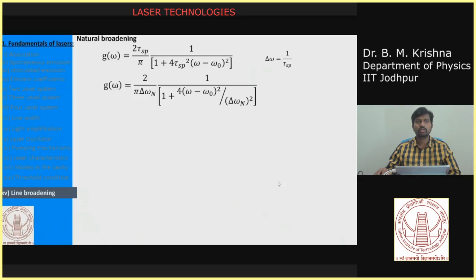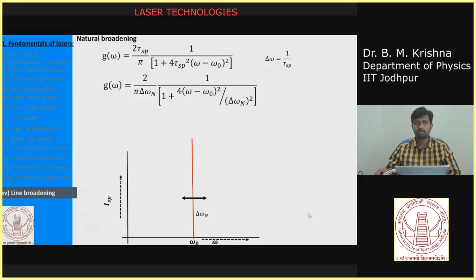If you substitute in terms of delta omega, you will get g of omega equals 2 by pi delta omega n, where I am representing n for natural line width, times 1 by 1 plus 4 times omega minus omega naught squared by delta omega n, whole squared. So your delta omega n is the full width at half maximum of your line width profile.